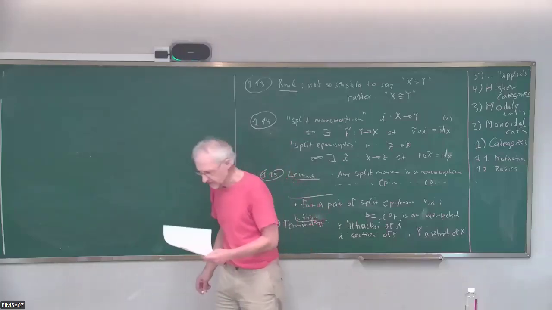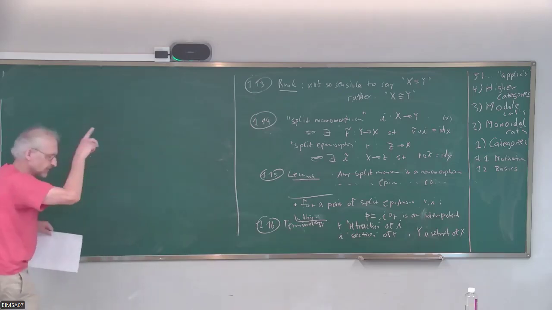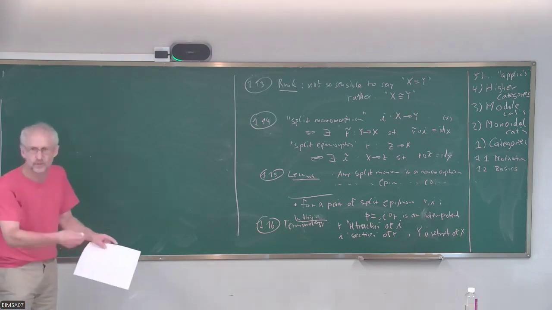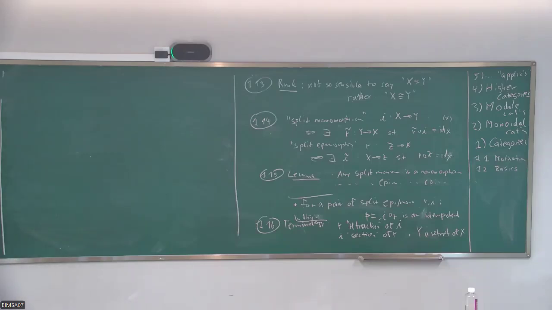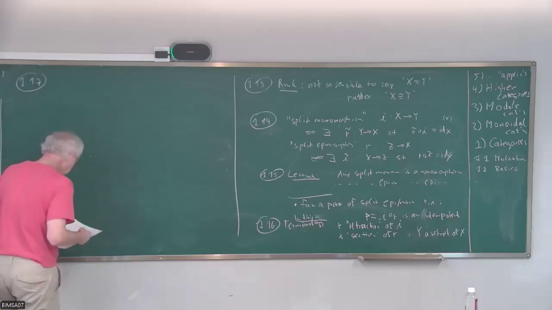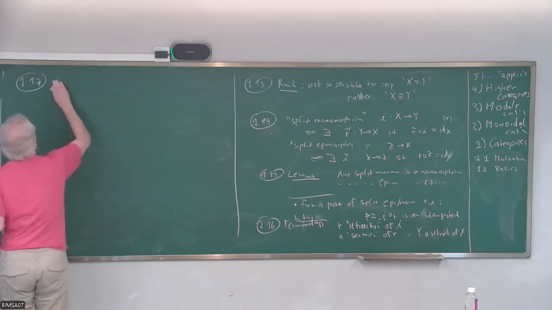But there's another interesting equivalence result. Isomorphism is an equivalence relation. If X is isomorphic to Y and Y is isomorphic to Z, then X is isomorphic to Z, and so on. But there is another equivalence relation which is of interest in some situations.